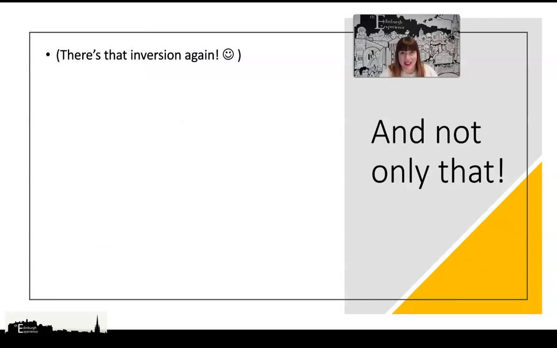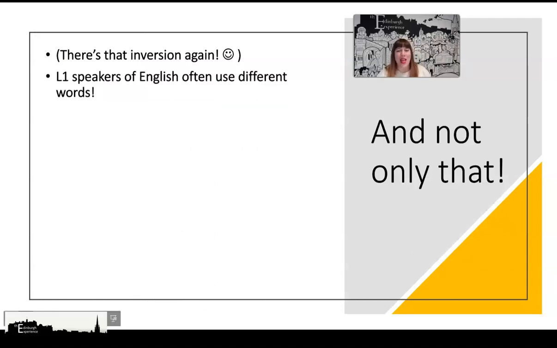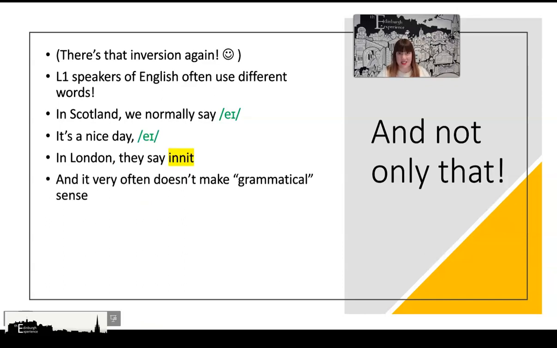And not only that, guys, there's that inversion again that I showed you the example of before. L1 speakers of English very often don't even use question tags. We use different words. So in Scotland, for example, we very often say "a" at the end of a sentence, right? Like, it's a nice day, "a," to confirm and to check. In London, they say "in it," and very often they use it in a way that doesn't make grammatical sense.